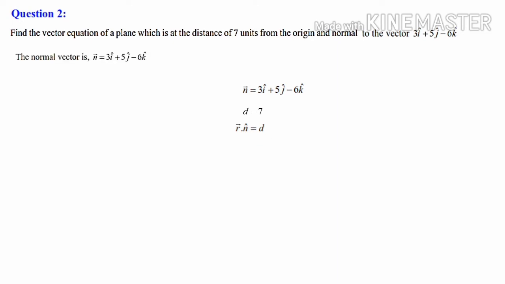So let's write the normal vector n is equal to 3i cap plus 5j cap minus 6k cap. So we have to go for writing down the vector n cap. We know the formula, n divided by modulus of n.